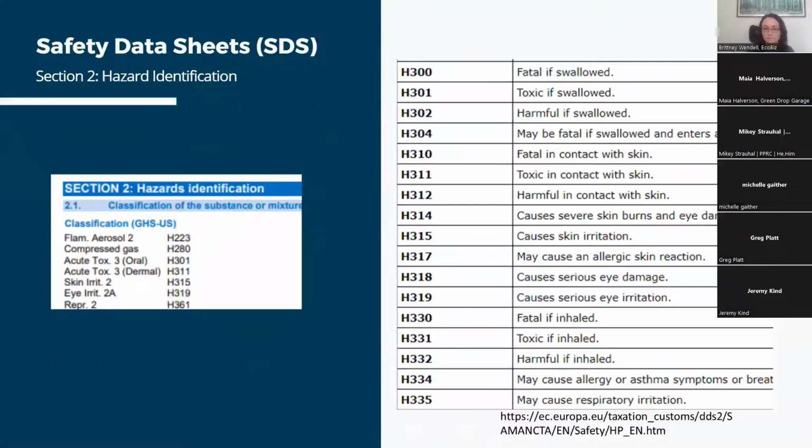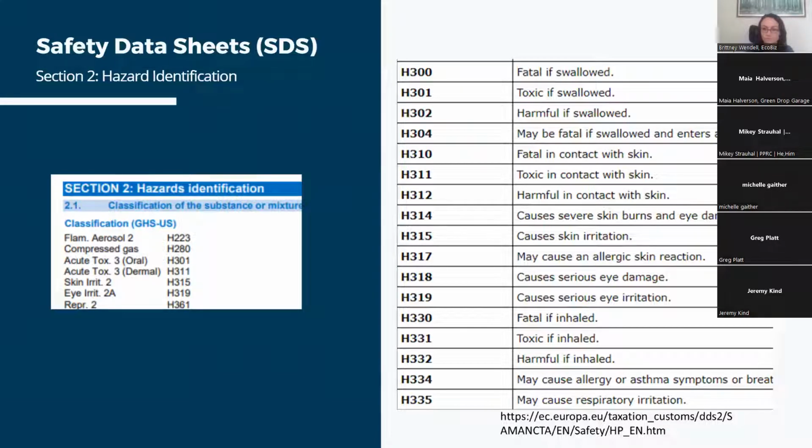Next slide. Here's a different format for a Section 2 for the hazard identification on an SDS. And they've listed a flammable aerosol, and then they have this H phrase, they call them afterwards. And how do you interpret that H phrase? I always have to look it up really quick. Just search H phrases on the web.